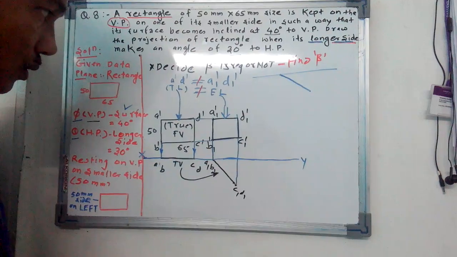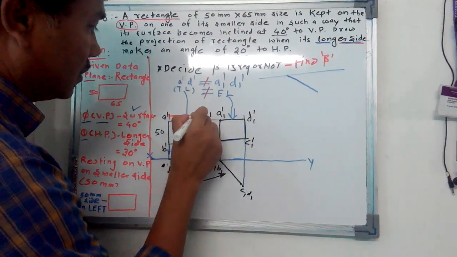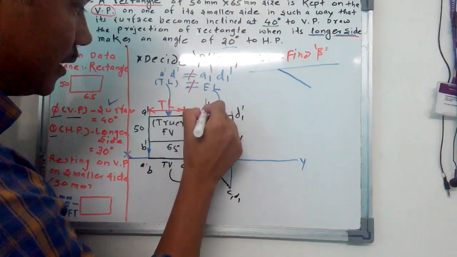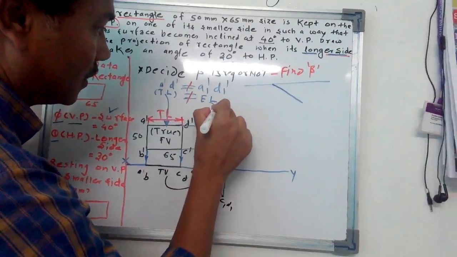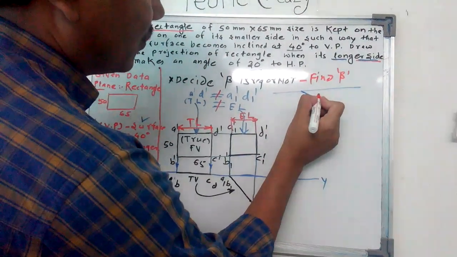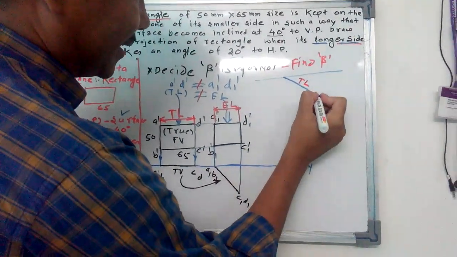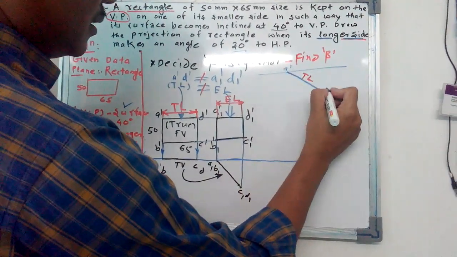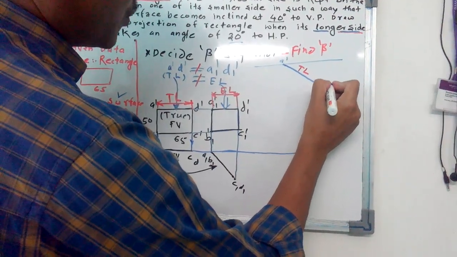This is the TL. This is 65 here, and this is the EL. So TL first take, it's 65. We say it's A dash point, and then D dash point.